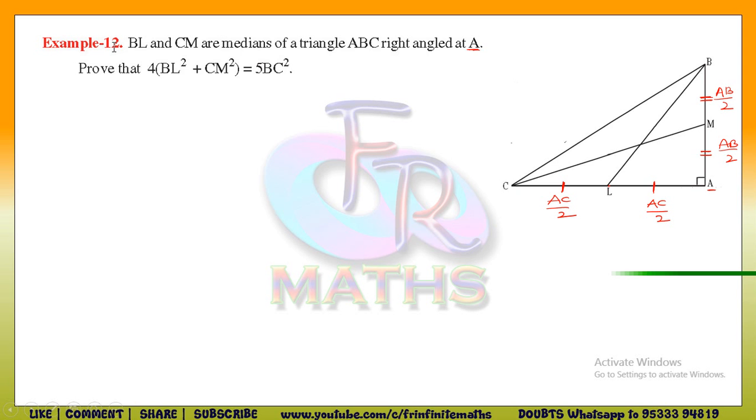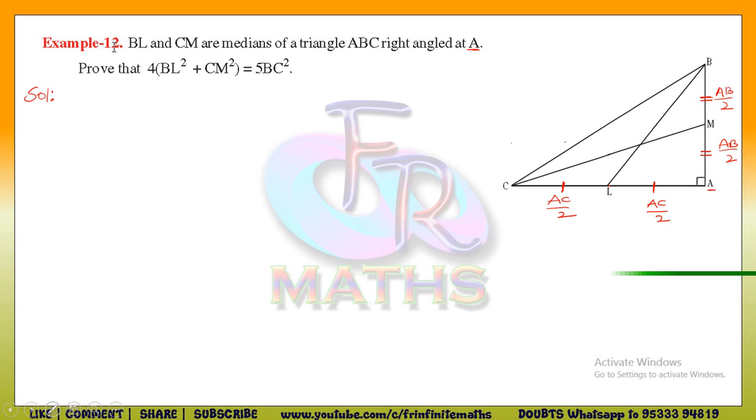Now if you observe this figure clearly, CAB is a right angle triangle, CAM is one more right angle triangle, and LAB is one more right angle triangle. So totally we have 3 right angle triangles in this figure. That you need to understand clearly, right?